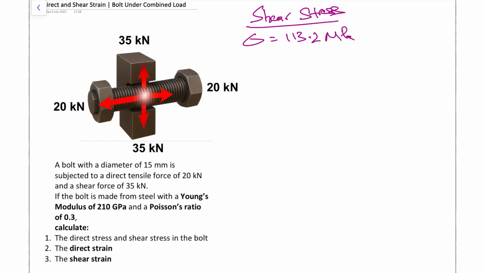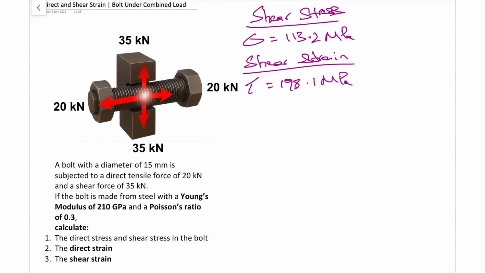We also calculated our shear strain, and what we got was 198.1 megapascal. And now what we are going to do is calculate the direct strain and the shear strain.